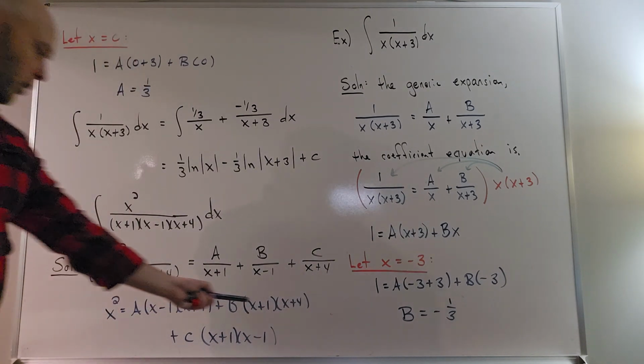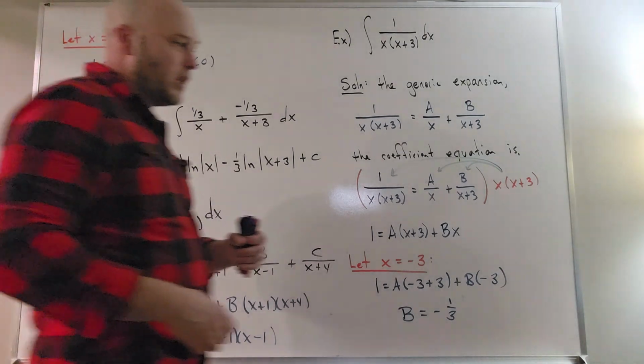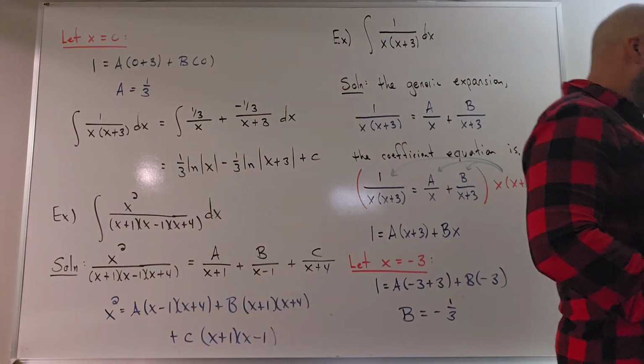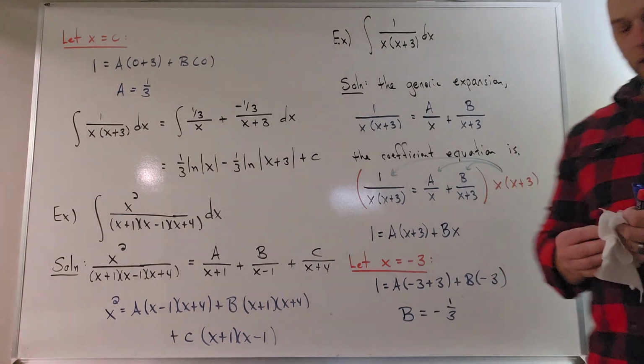We'll then take this equation right here that I have in blue, and we'll solve for a, b, and c using, once again, convenient choices of x.